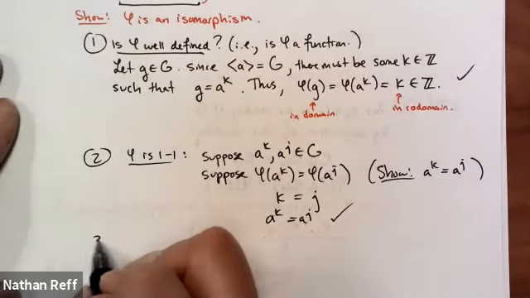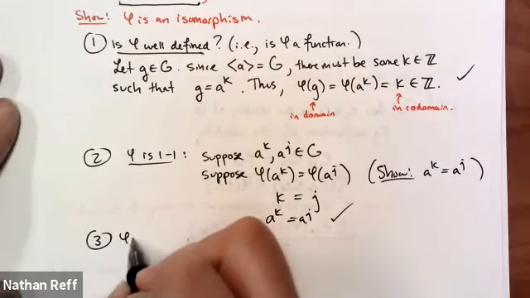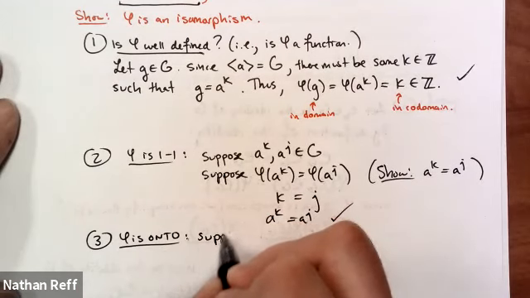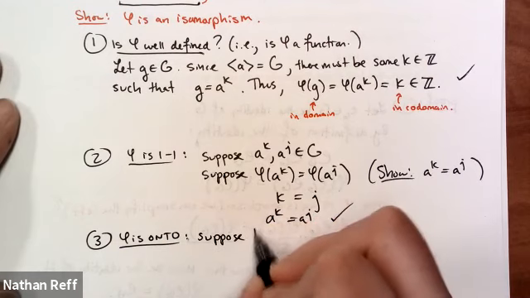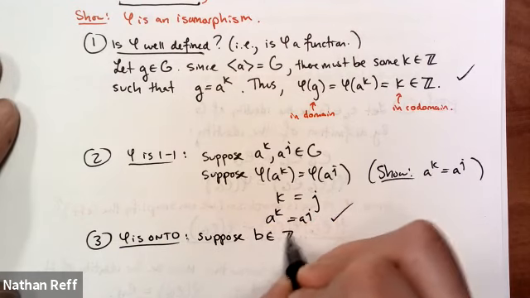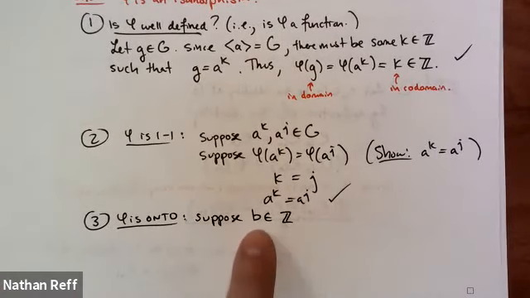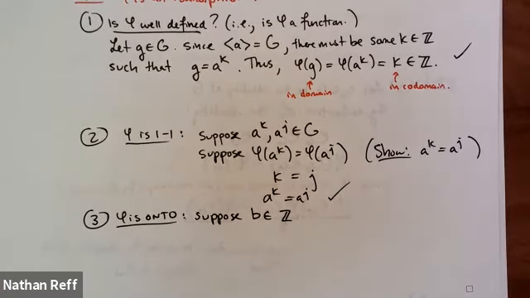All right, how about onto? Phi is onto. Suppose, let's say, B is in the codomain. Can you find me something that maps to B? That's probably the easiest onto proof.